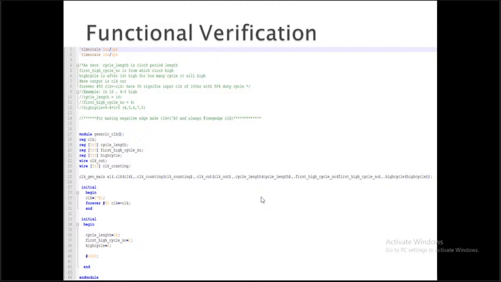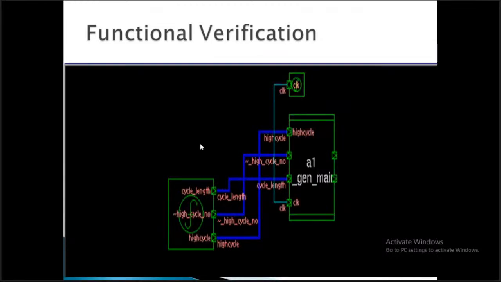You can see how it looks: this is our test bench block, this is our main block, and this is our clock generator. From the clock we give the main clock, and based on what input we write in the test bench, it directly feeds into our main clock generator circuit, and we get the desired output at the output port.